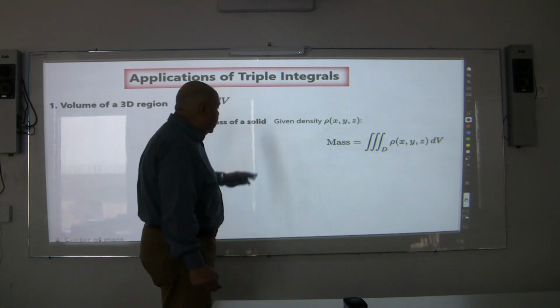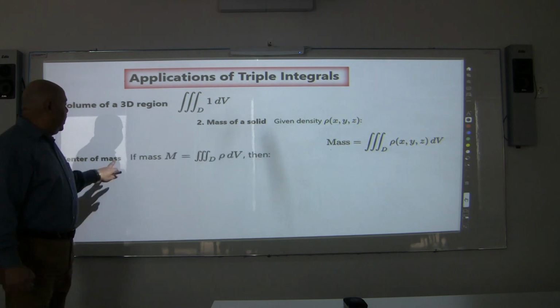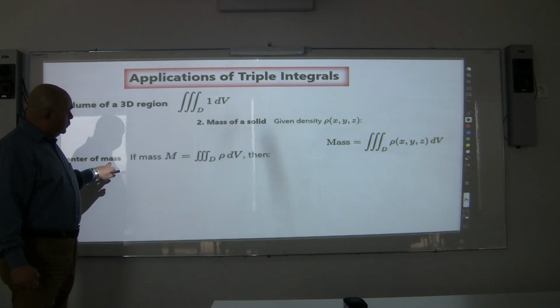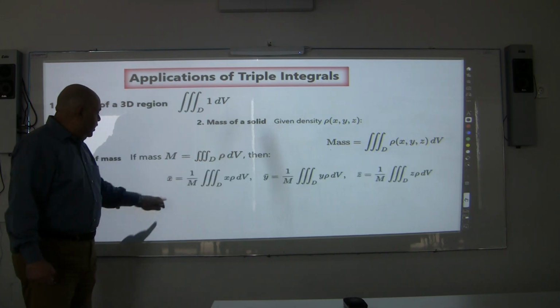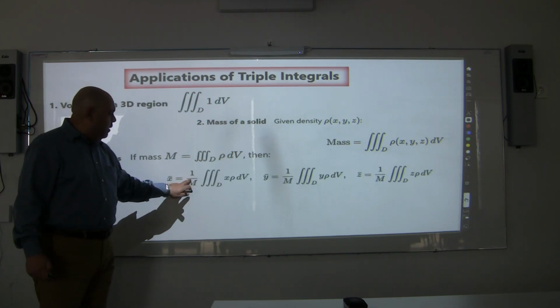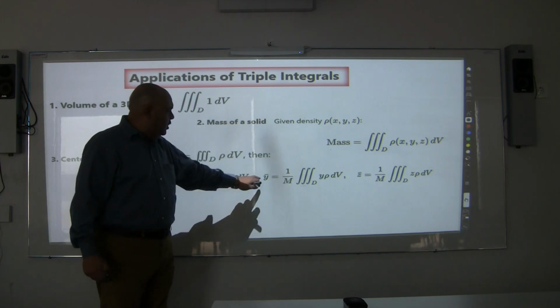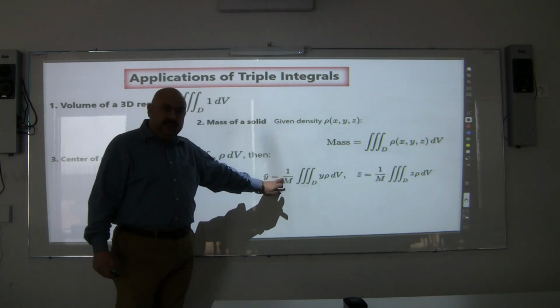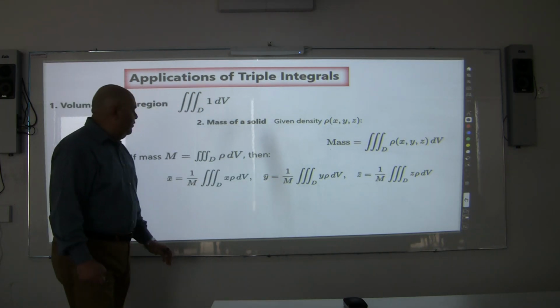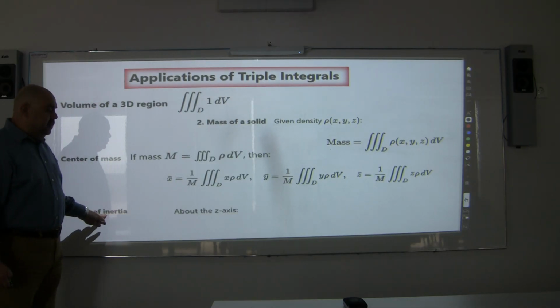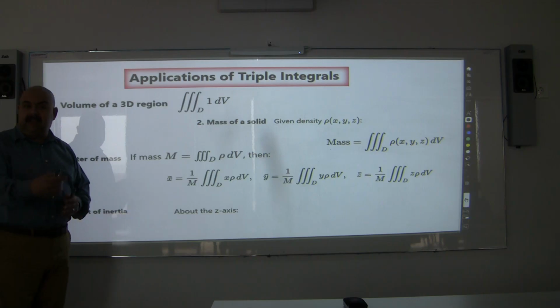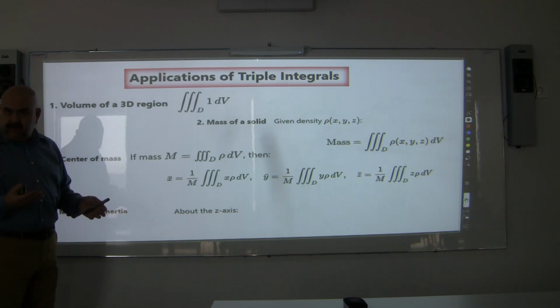If I have the mass and the volume, now I can get the center of mass, which involves rho dV. Then x bar is going to be 1 over m times the integral of x rho dV. Y bar will follow the same rules, which is really very simple, direct substitution. If you need to evaluate the moment of inertia about the x-axis, y-axis, or z-axis, it is really very simple.